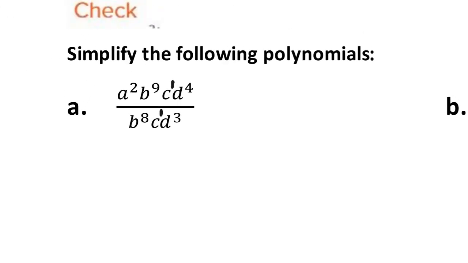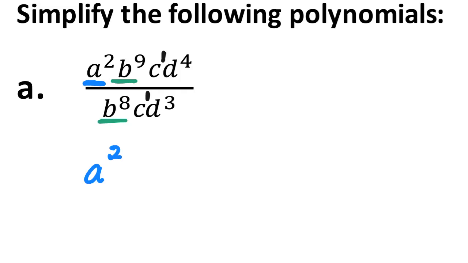So first up, we're looking at A. I don't have any other A, so you're just going to keep A squared as it is. All right? Then I have a B to the 9th being divided by B to the 8th. I know I'm going to subtract, so I put that little subtraction in and show it vertically. That's going to be B to the 1st power.